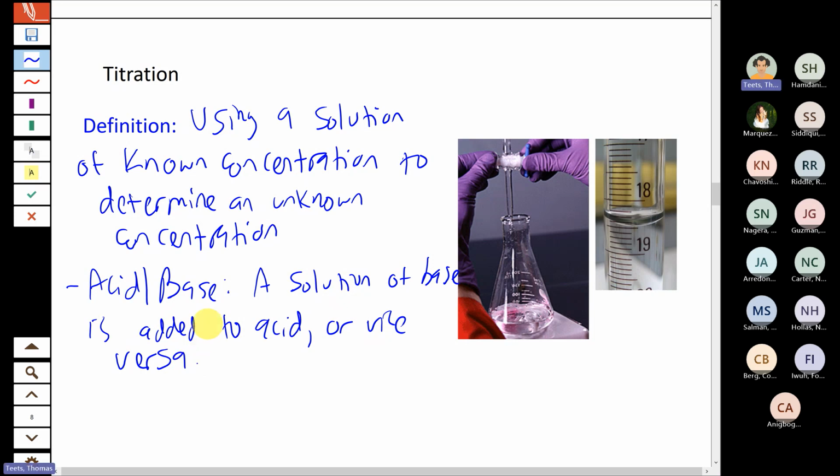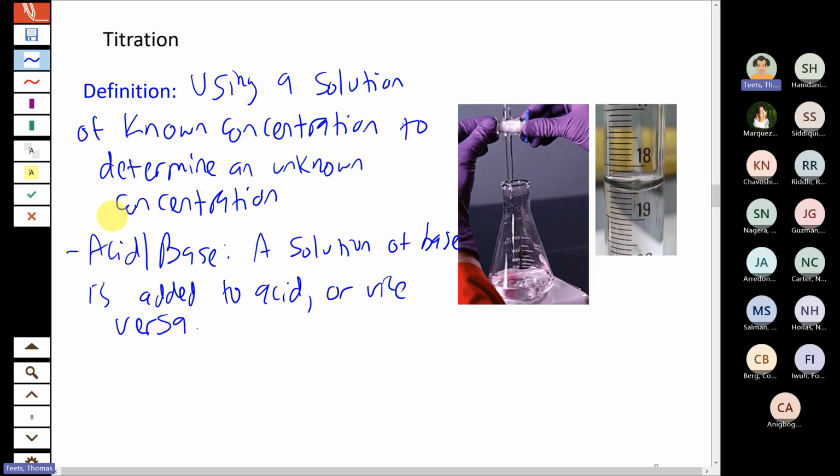Usually the solution where you know the concentration is the one that you're going to be adding into the other one, but it doesn't have to be that way. So you mix those two things together until you get to what's called the equivalence or the endpoint. The equivalence point or endpoint, those two basically mean the same thing.